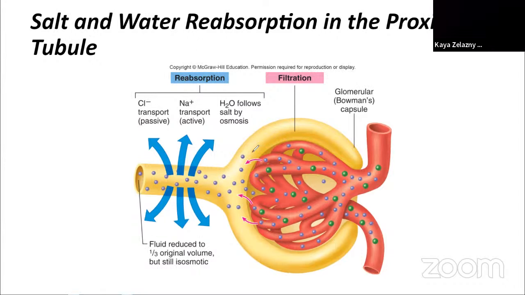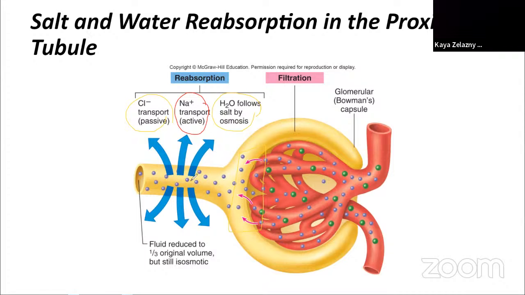So we see filtration. We have everything moving except for proteins into the nephron. And now we're looking at the proximal tubule. We see that we have passive transport of chloride ions, osmosis of water, which is a type of passive transport, and active transport of sodium ions. Down at the bottom, it's telling us that the effect is that we're reducing the volume of the filtrate.